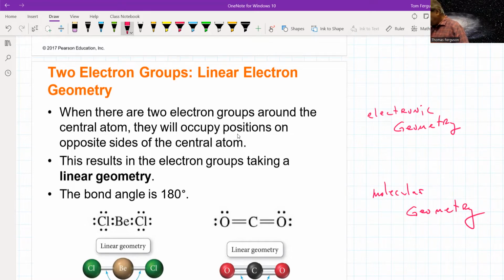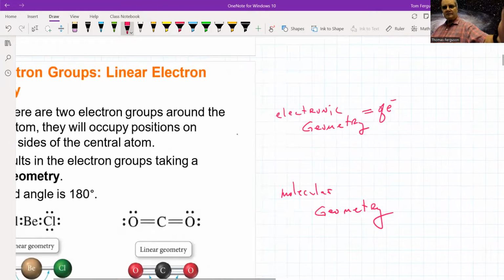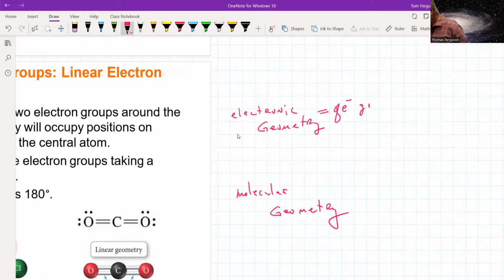We're going to have electronic geometry, which is the geometry of how the electron groups are arranged.